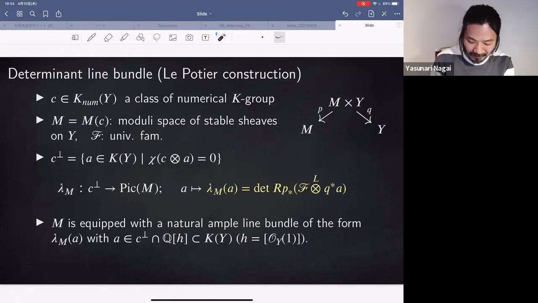So I want to construct determinant line bundles on a moduli space. This is a classical situation.